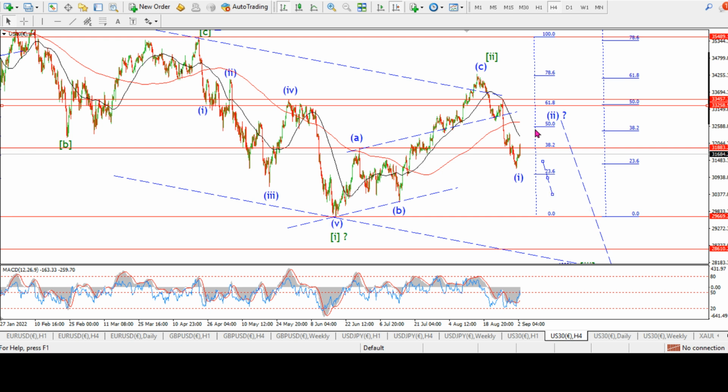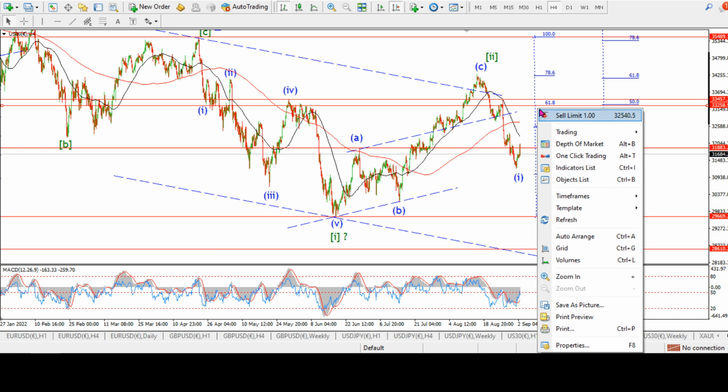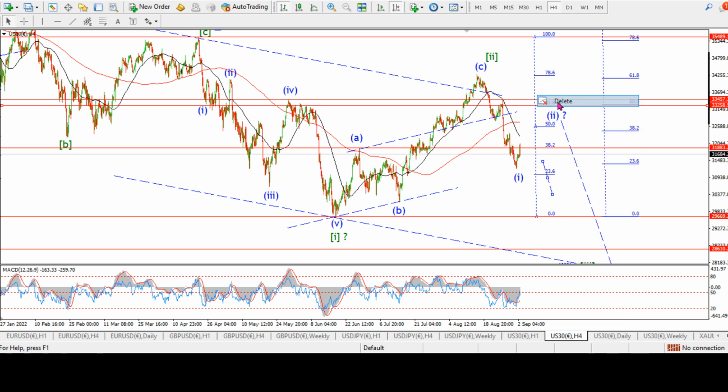I'm not going to extol the virtues of Elliott wave, but not many other methods of tracking the market can call an interim high like that, can call for a sharp decline, and then call for a rally to a lower high after a sharp decline.